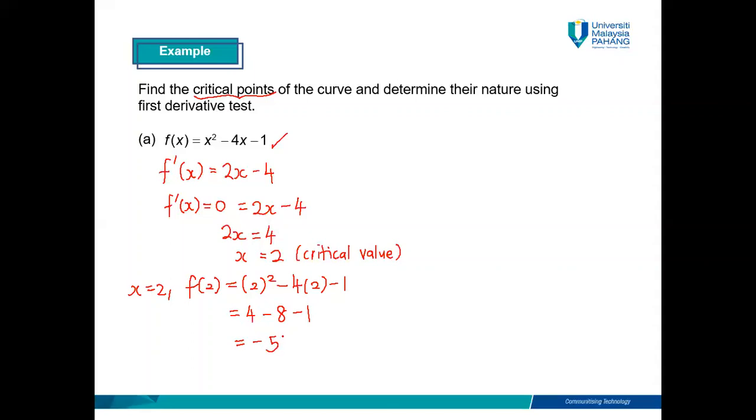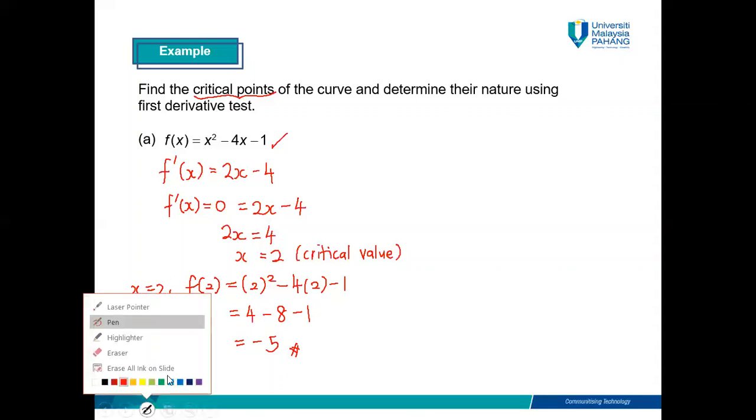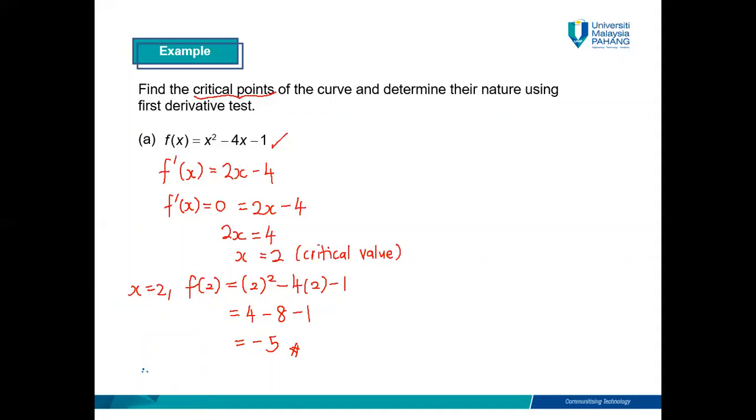Minus 5. So what is the critical point? Therefore, the critical point is (2, negative 5).